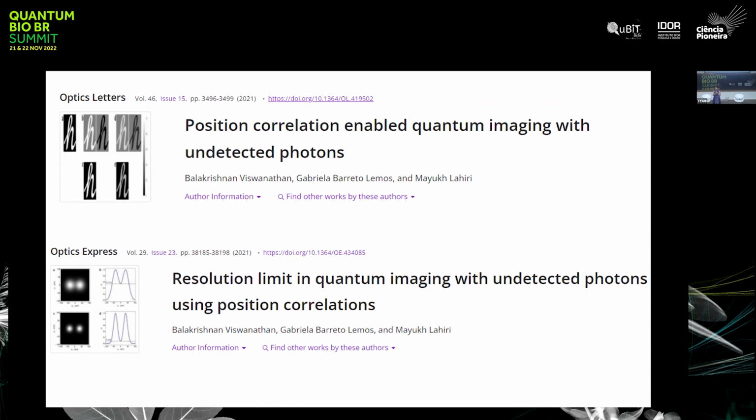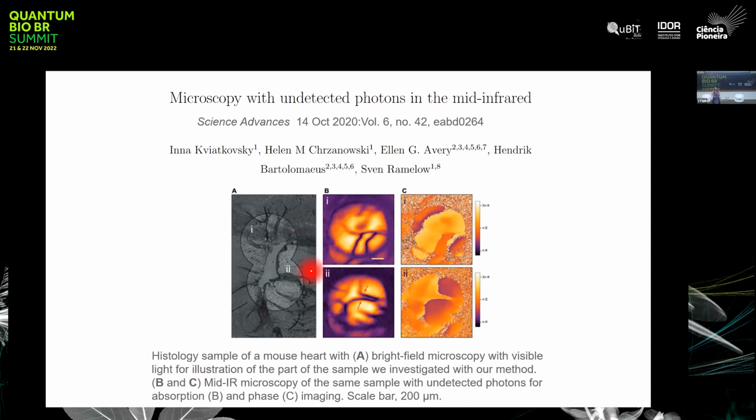So this was work to develop microscopy, and our friends in Berlin actually did the experiment, while we did the theoretical development. This is them looking at mouse heart with mid-infrared light. So we can do absorption and phase imaging.